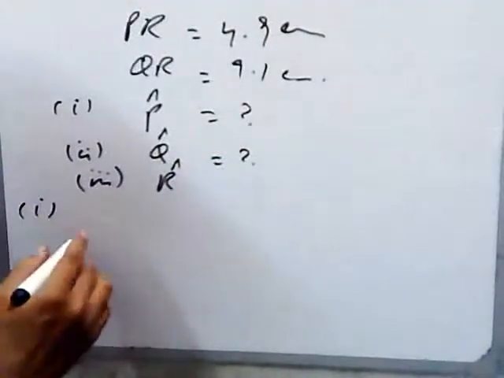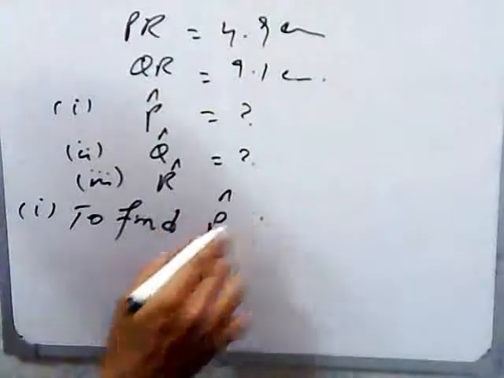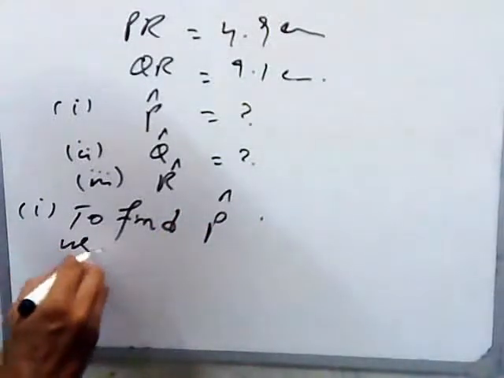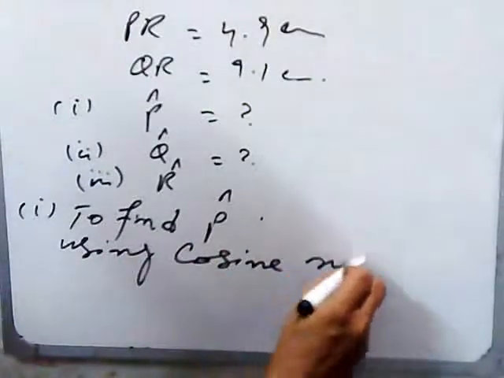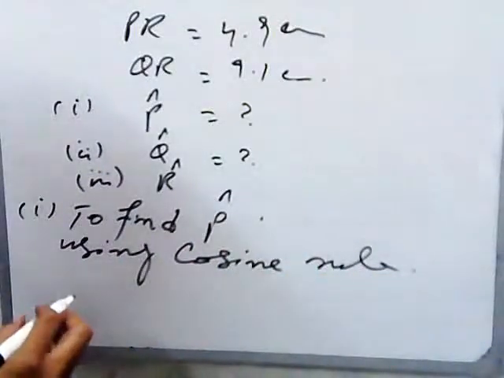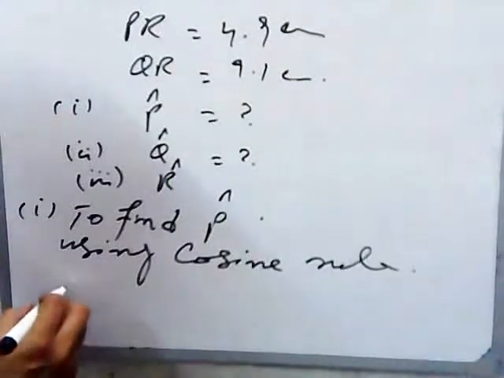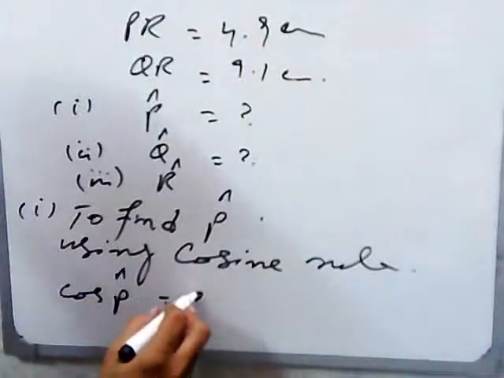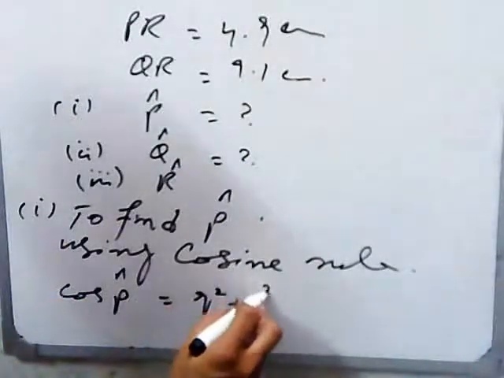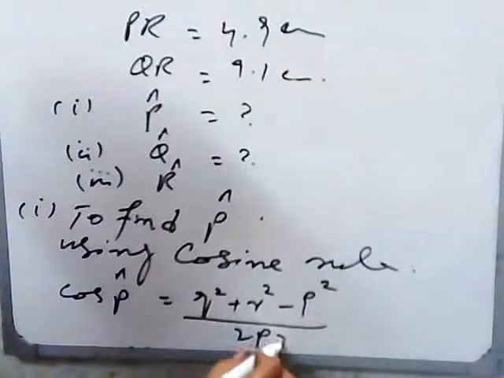For the first part, to find angle P using cosine rule, directly we can use cos P is equal to Q square plus R square minus P square divided by 2PR.